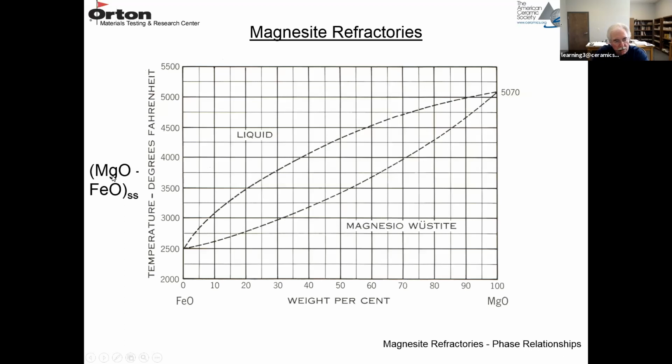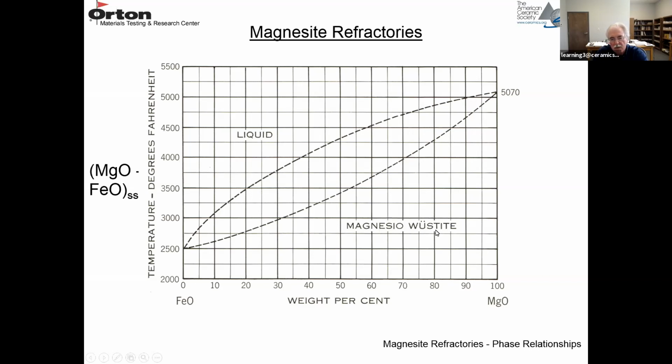So this is the MgO-FeO diagram. This is 100% FeO going to 100% MgO in that direction. This is temperature in degrees Fahrenheit. So MgO is 5070 degrees F for its melting point, and FeO melts at 2500 degrees F. So below this bottom dotted line, everything is solid.